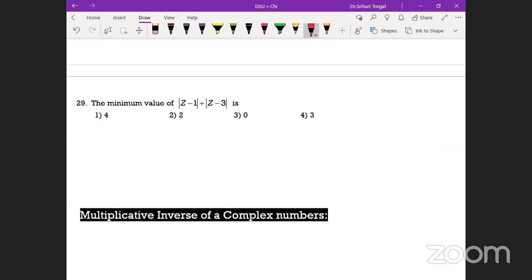That is what we have discussed in maxima minima also. Okay. What I have to substitute here for this z minus 1 to make that term 0? 1. What about here? What do I have to substitute here? 3, right? What is the difference of 1 and 3? It is 2. That is the answer.